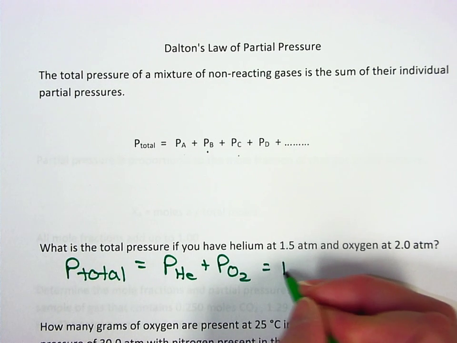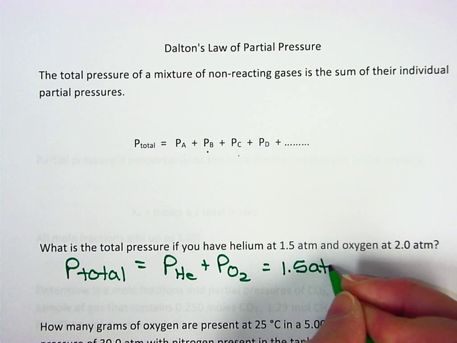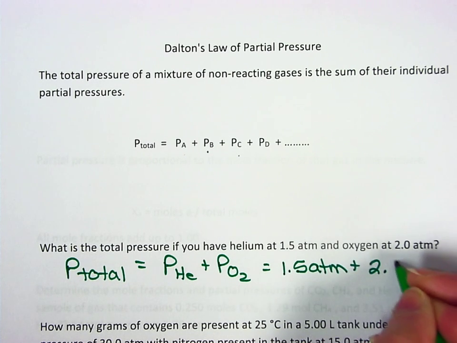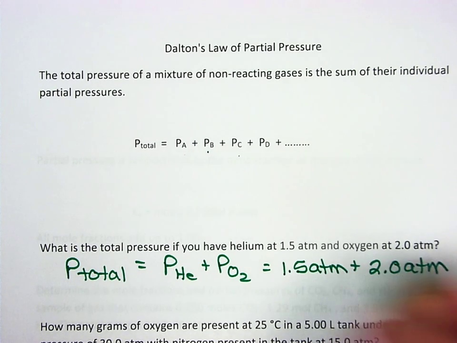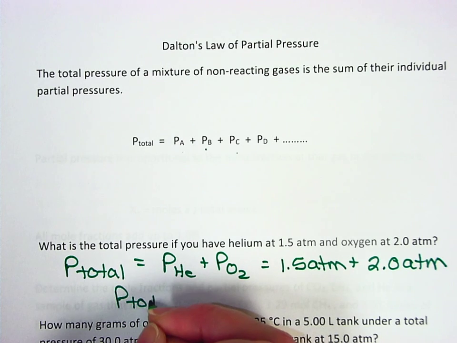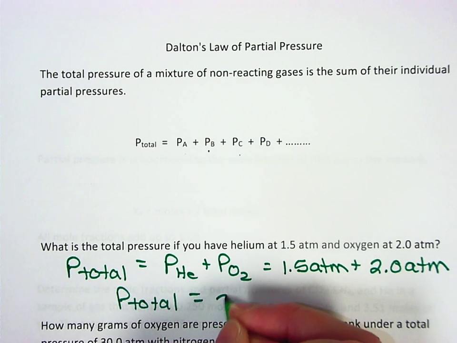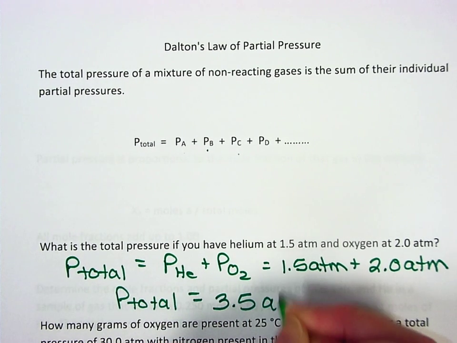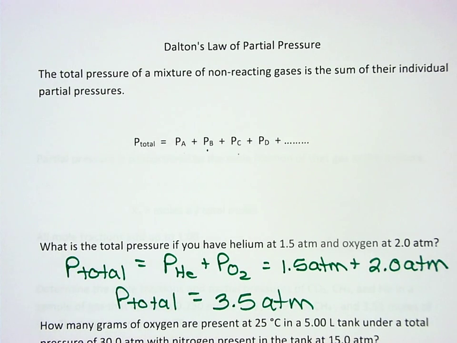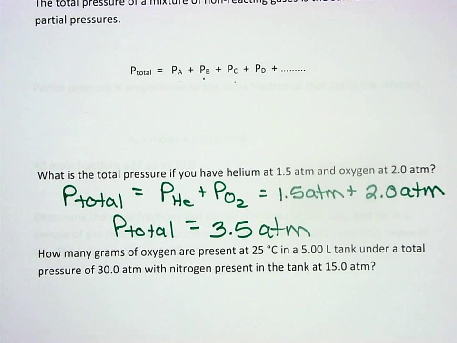So that's equal to 1.5 atmospheres plus 2.0 atmospheres, so the total pressure is equal to 3.5 atmospheres. And Dalton's law of partial pressures really is that easy. You don't have to get all fancy, you're just adding. The applications of the partial pressure law can get a little bit fancier where you have to go back and do something else.